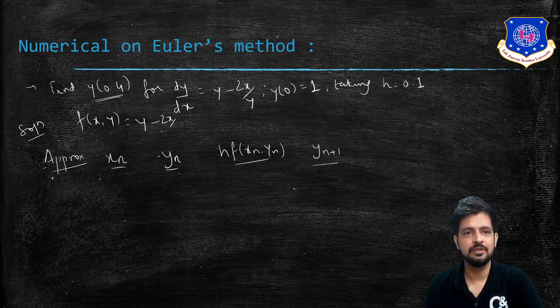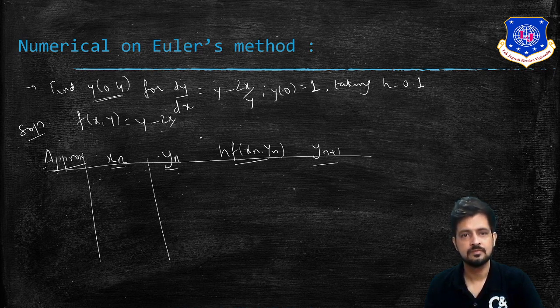Our answer will be here. What is our first value? The value of xn and yn. So you have to start from 0. So xn is 0, yn is 1.